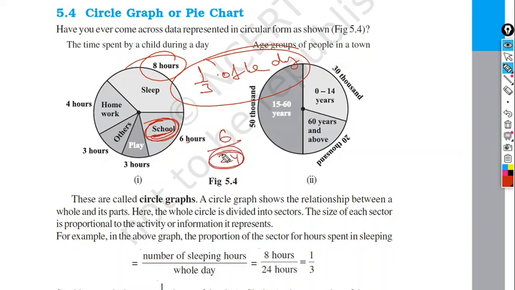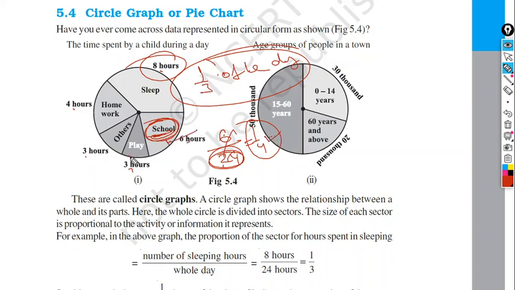Where did this 24 come from? 24 came from 8 plus 6 plus 3 plus 3 plus 4 equal to 24. So in a day there are 24 hours. So 6 divided by 24 equals 1 by 4. That means a student spends 1 by 4 of a day in school.